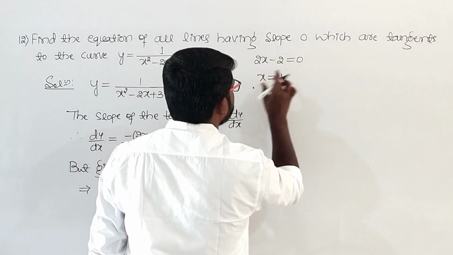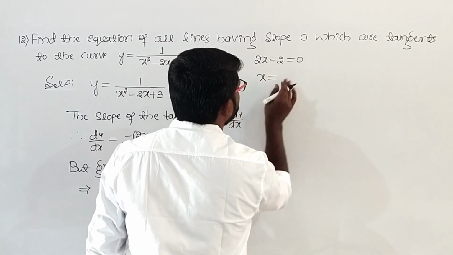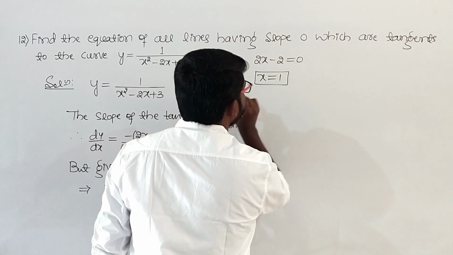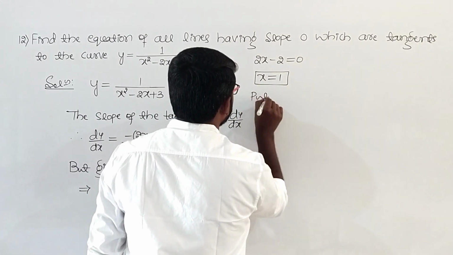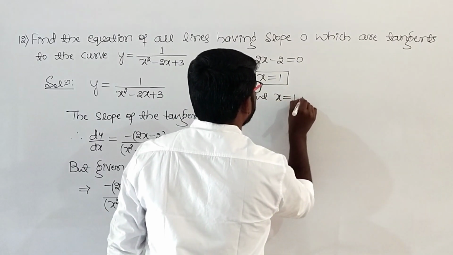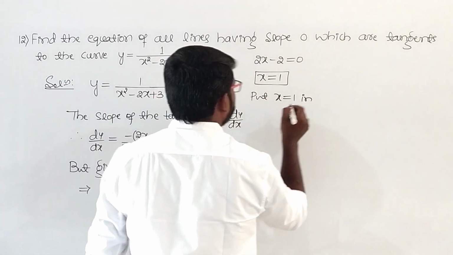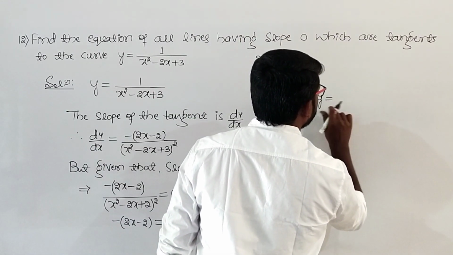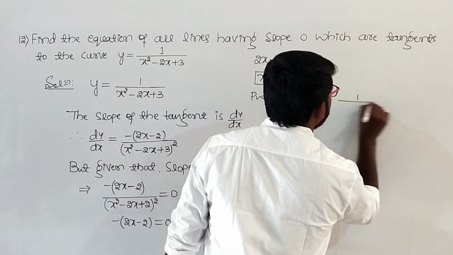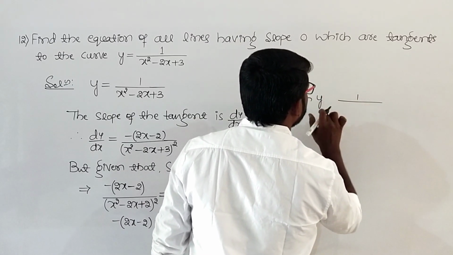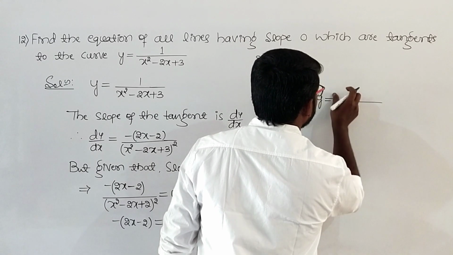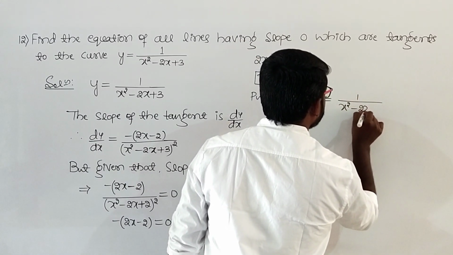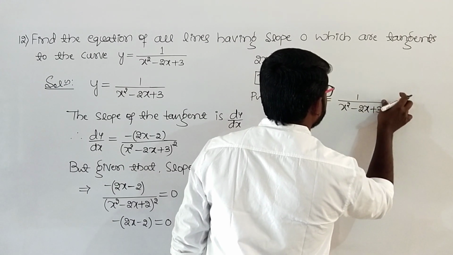Now you will have to substitute x equals 1 in the given equation of the curve to get the value of y. So put x equals 1 in y equals 1 divided by x square minus 2x plus 3.